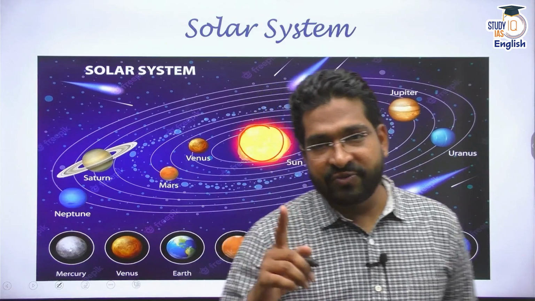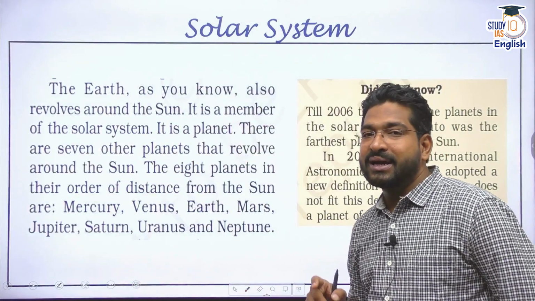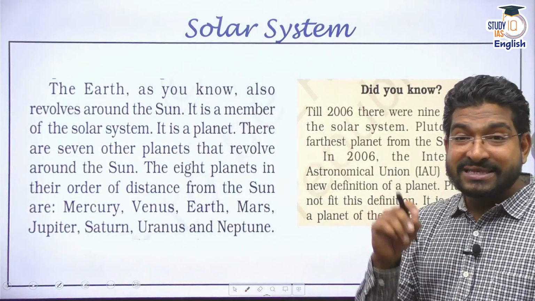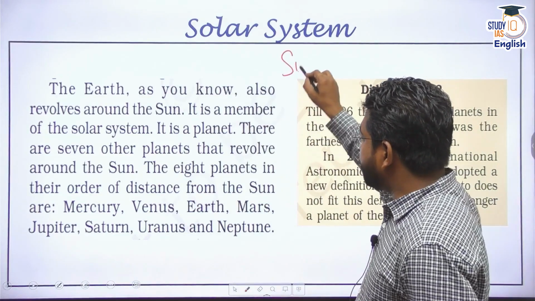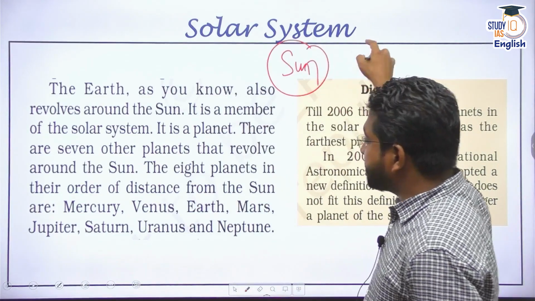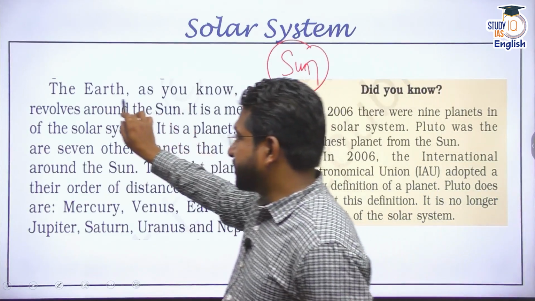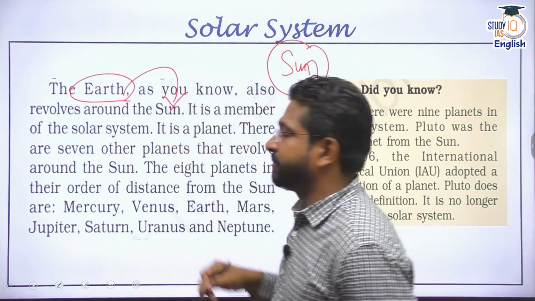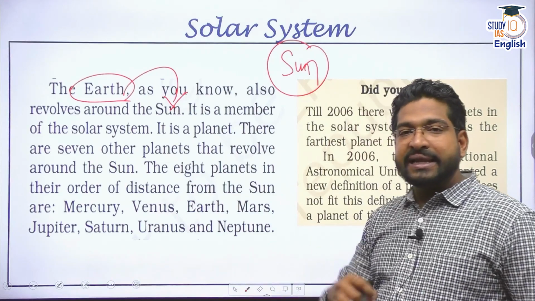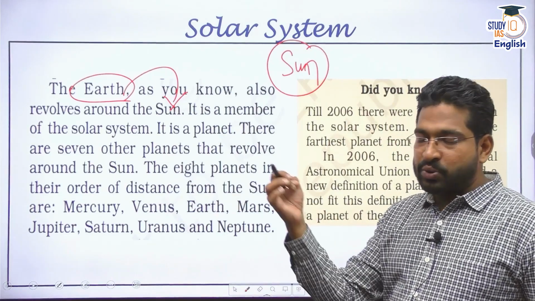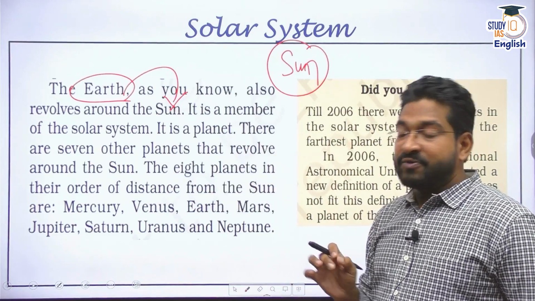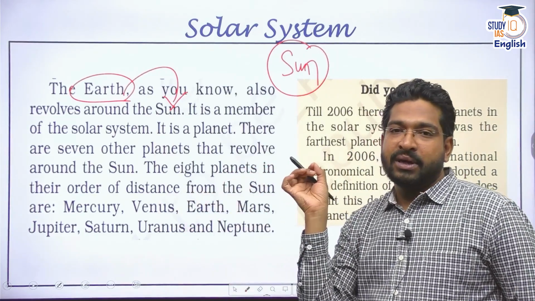As I told you, the first and most important in the solar system is the sun. Sun is at the center and other planets revolve around it. And our planet is Earth. Earth revolves around the sun. So Earth is basically like any other member of the solar system, which is a planet, which revolves around the sun. It's not just Earth.